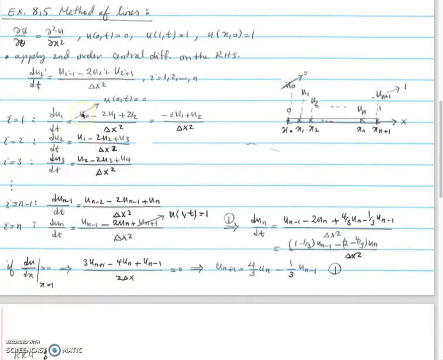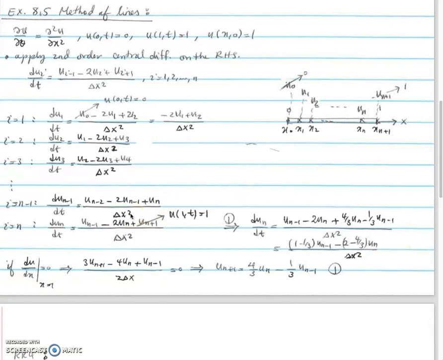Okay? So we can keep doing this with i equal 3, 4, 5, all the way to, let's say, when i is n minus 1. When i is n minus 1, the left side becomes du n minus 1 over dt, equal to, and on the right side you get un minus 2 minus 2un minus 1 plus un divided by del x squared.